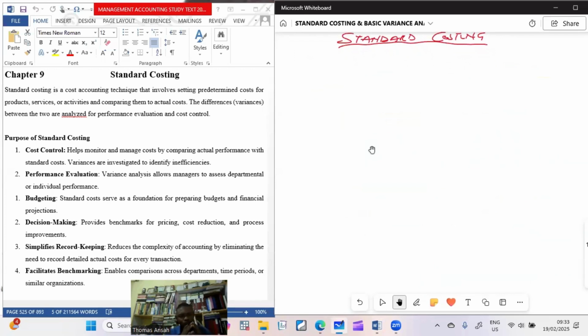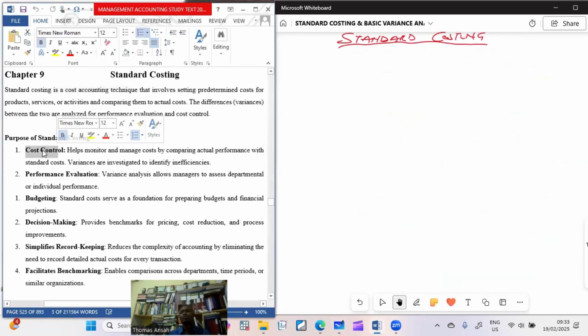So now, the purpose is to do cost control. What do we mean? If you set the target, we are able to monitor everything that we are doing, compare the actual to the standard, find out any variances and deal with them.